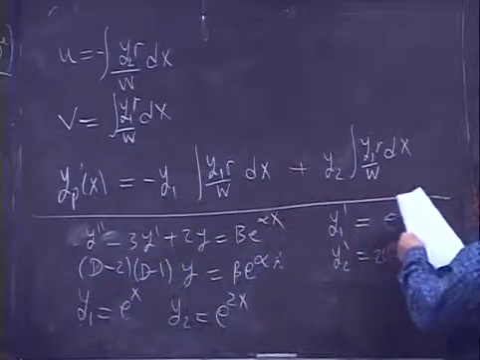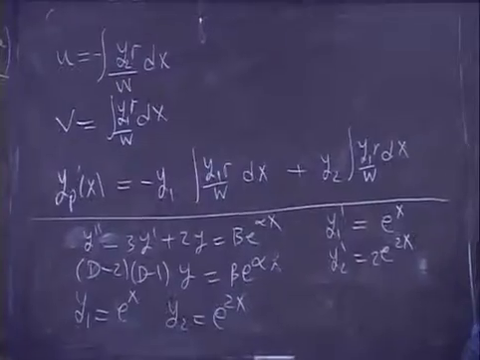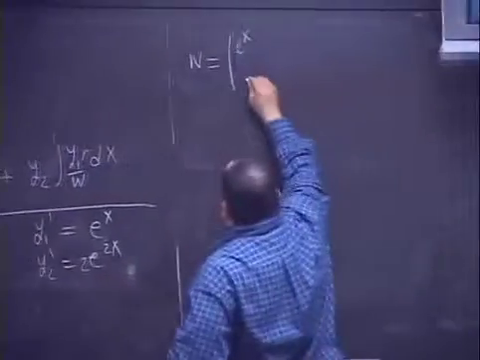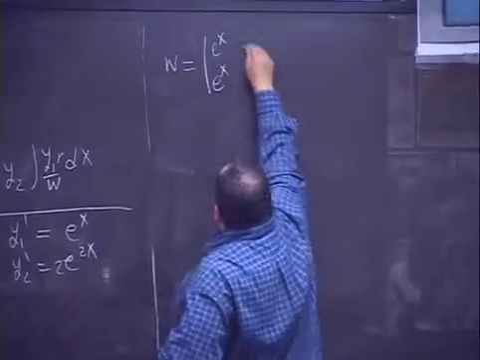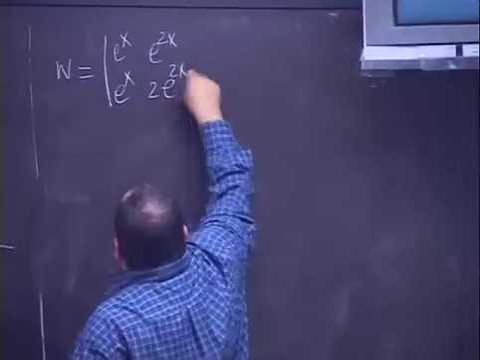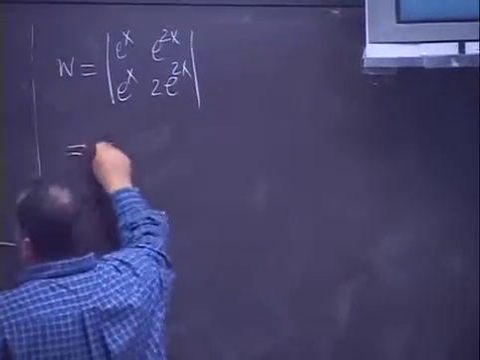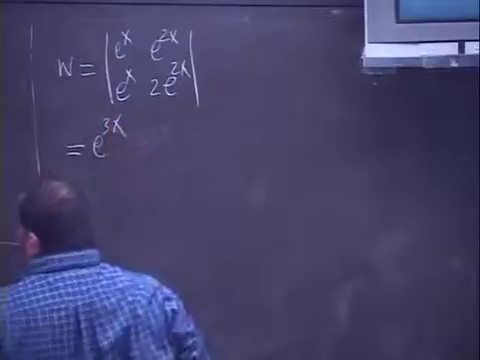It's equal to what? y1 is e to the power of x, y1 prime e to the power of x, y2, y2 prime. So if you do this, this will give you e to the power of 3x.